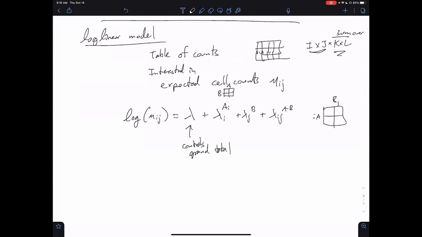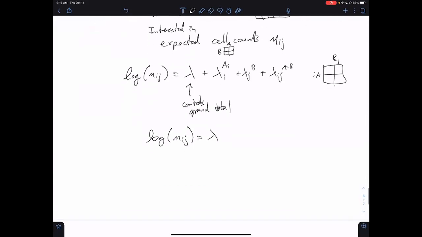So if I have a really simple model, which is just log μij equals lambda, then I'm assuming that whatever it is arrives at a constant rate, lambda, everywhere in the table, and there's no relationship between rows and columns.